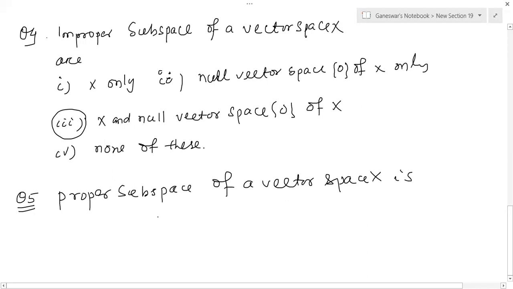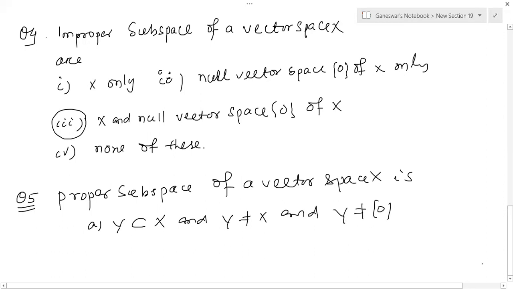What is the criteria? First option: Y subset of X, Y is not equal to X, and Y is not equal to 0.